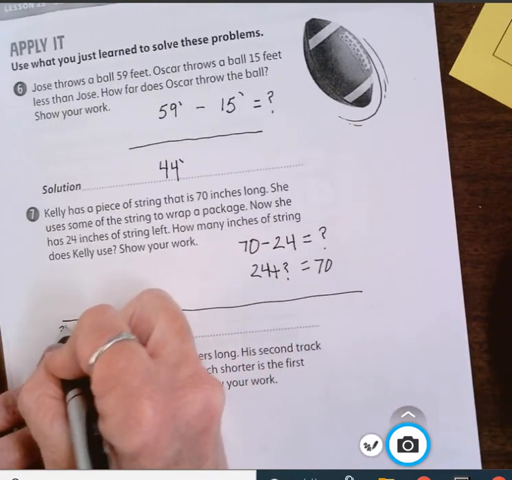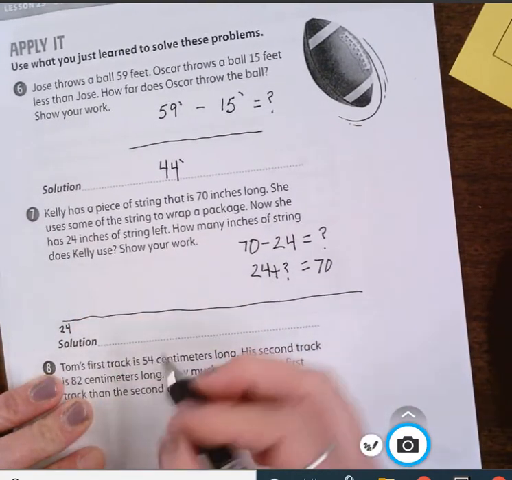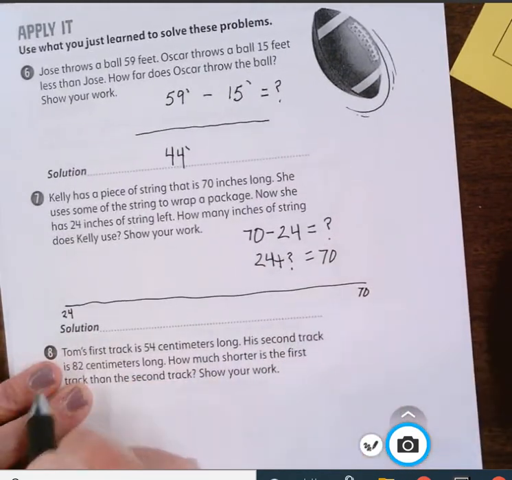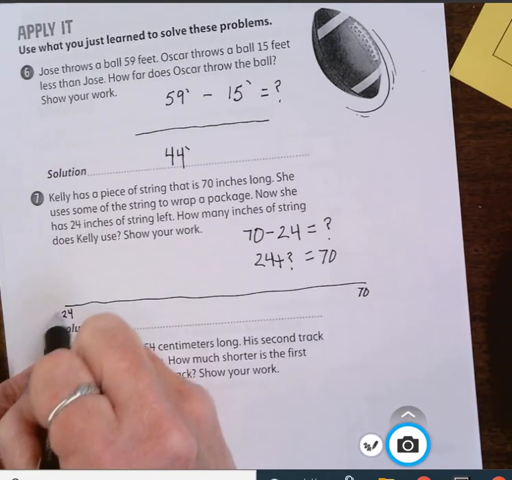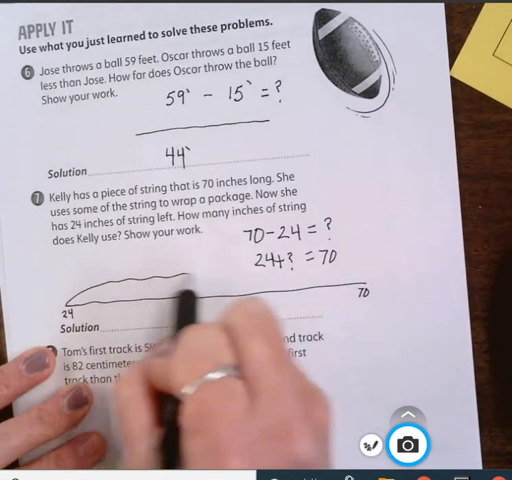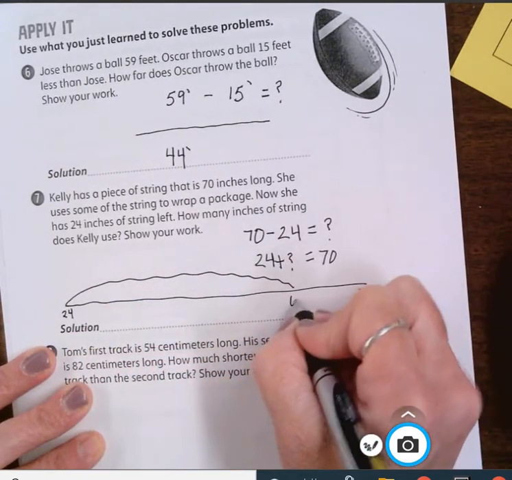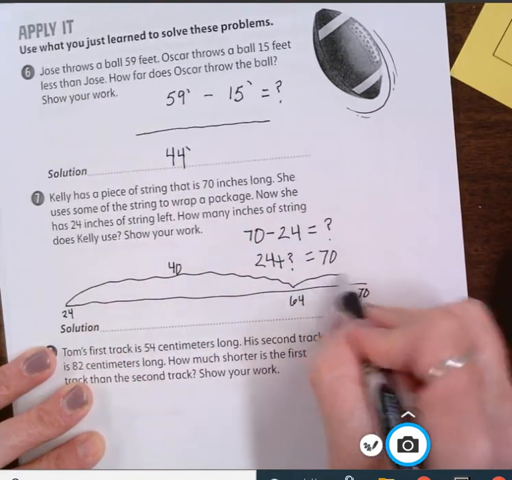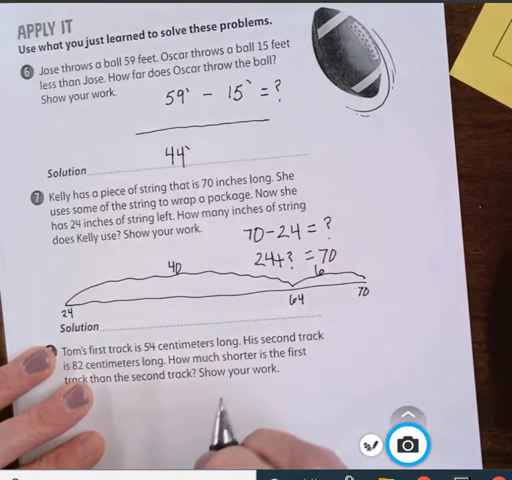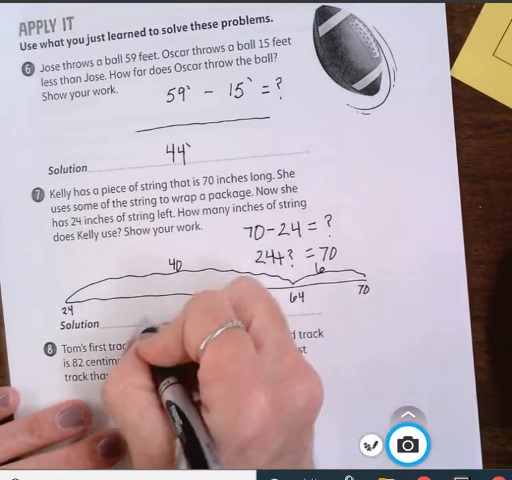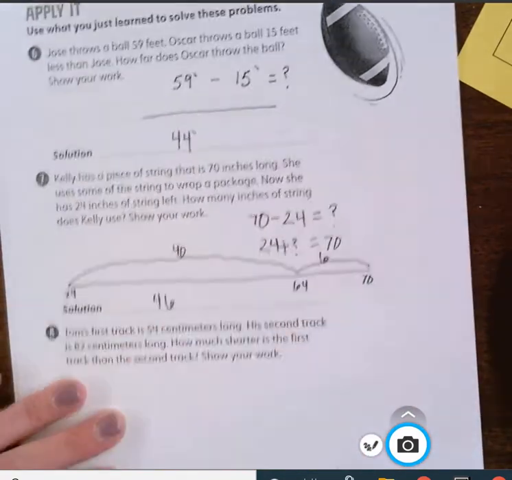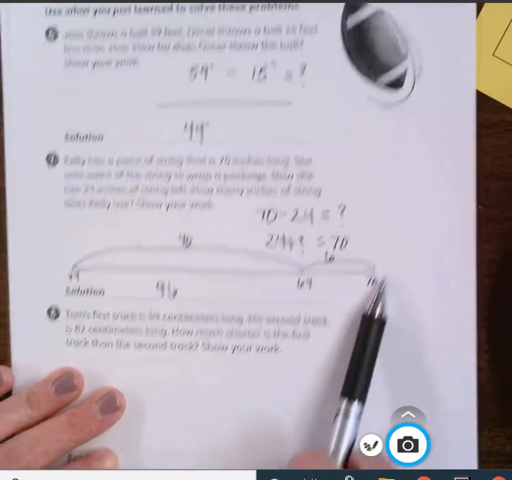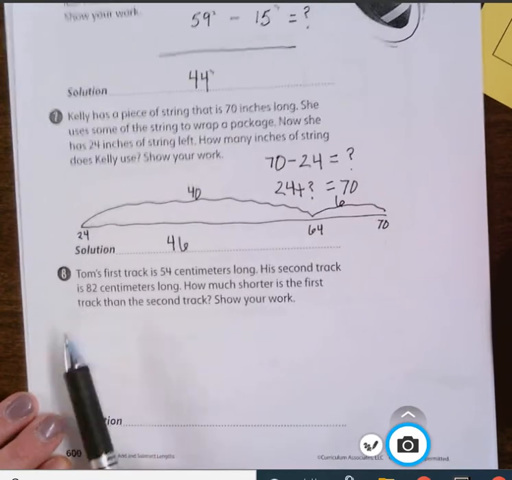We start at 24 and we need to go to 70. Let's go to 64. We know that's 40. And then 6 more. So the answer would be 46.